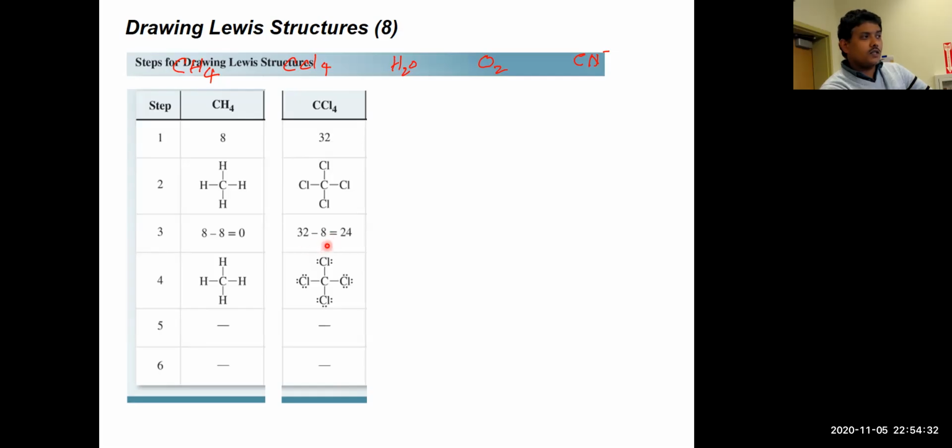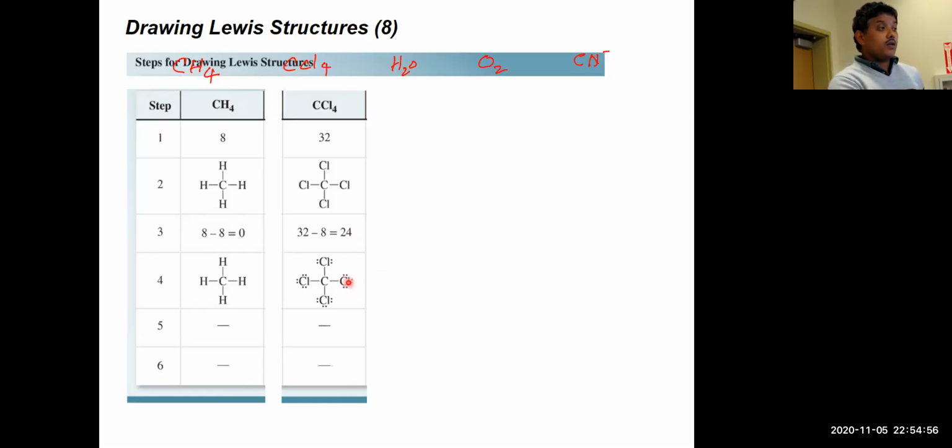How many electrons did we use for bonding? 4 bonds, 8 electrons. So we have 24 electrons left, which is 12 lone pairs. You use the 12 lone pairs and start distributing them to the most electronegative outside elements first, to make sure they have the octet first.